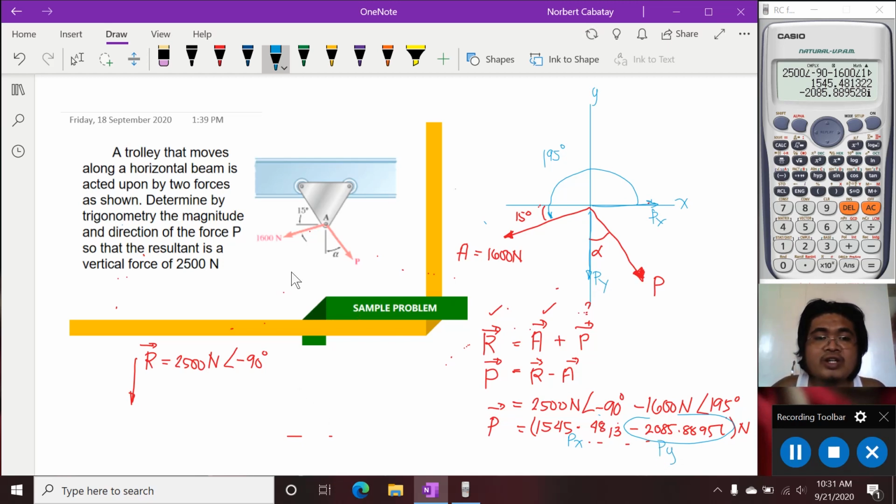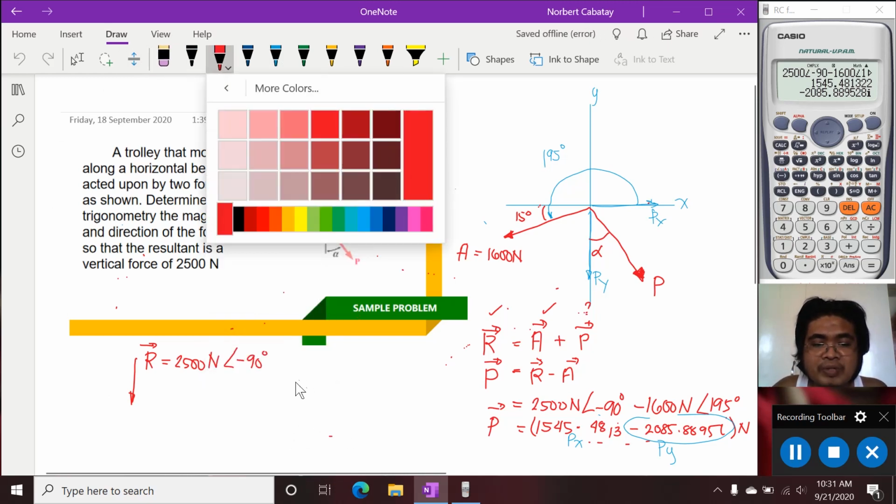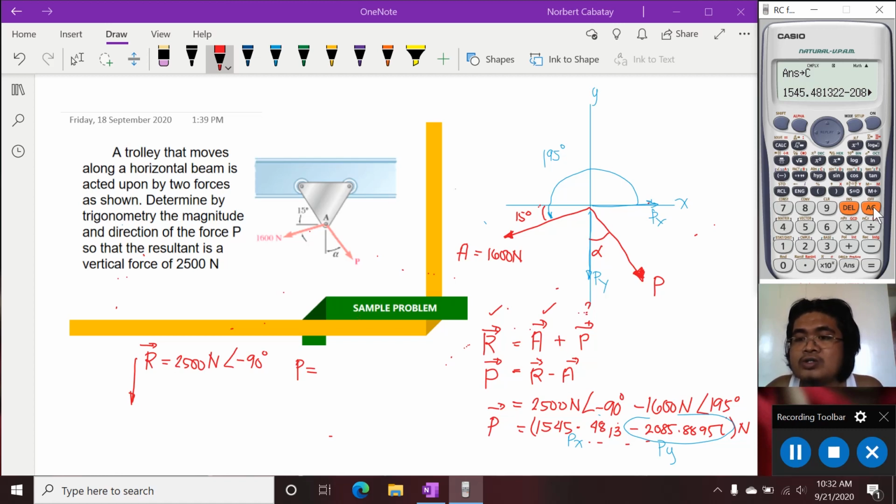Now, I'm asking for the magnitude. If you're asking for the magnitude of P, store it first: shift, store, let's say in C. Then shift 2, 3 for polar form, equals.